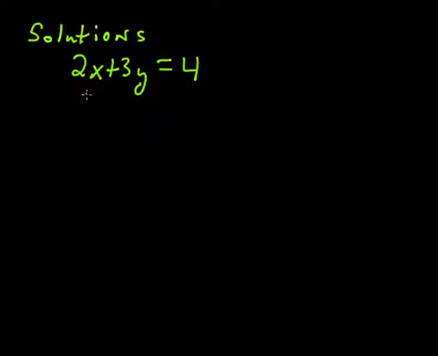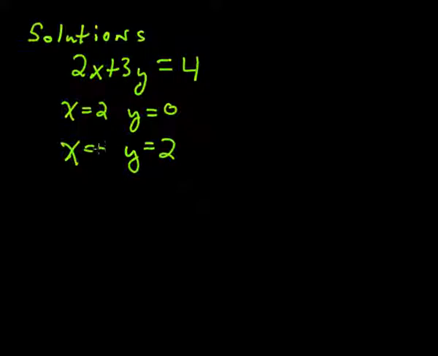I could have x equals 2 and y equals 0. I could also have y equals 2 and x equals -1. Notice we get a pair of numbers with each solution. And these solutions solve and keep this statement true.